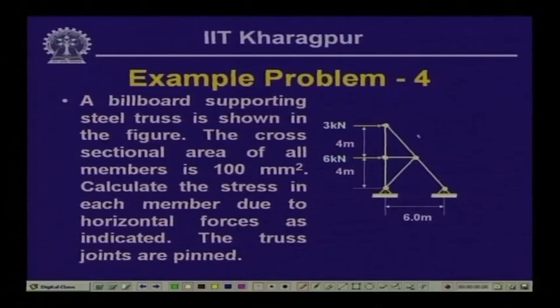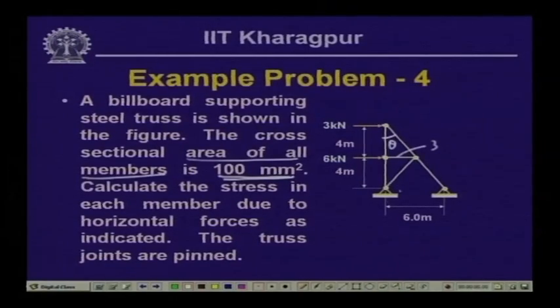So, what you need to do is first evaluate the forces in each of the members arising from this external force, and thereby we can compute the stress. Since the cross sectional area of each member is given, the force divided by area will give us the stress. Now, if we assume that this angle is theta, then this being 6, from similar triangles we get this as 3.